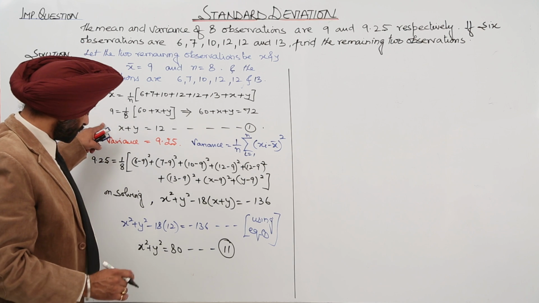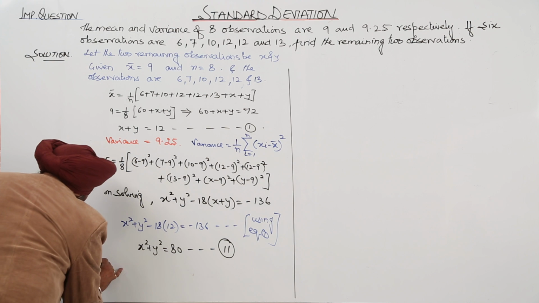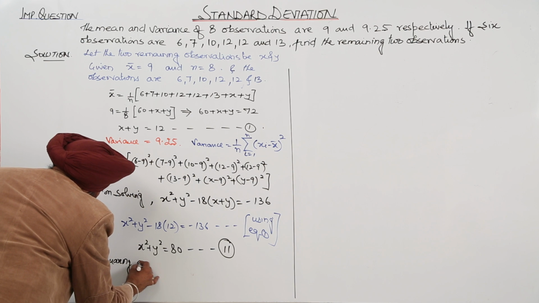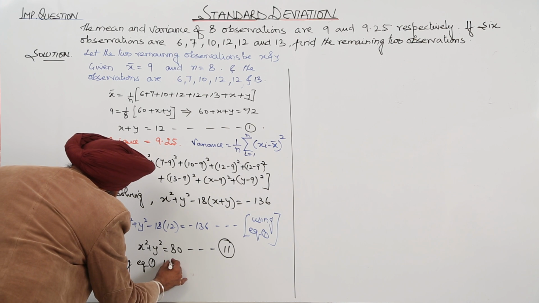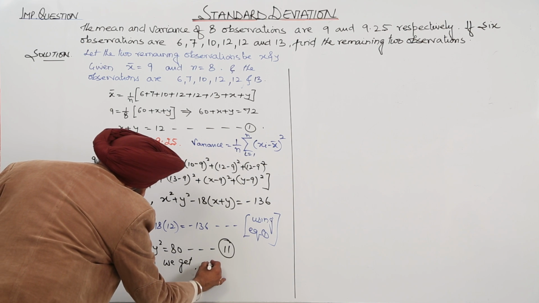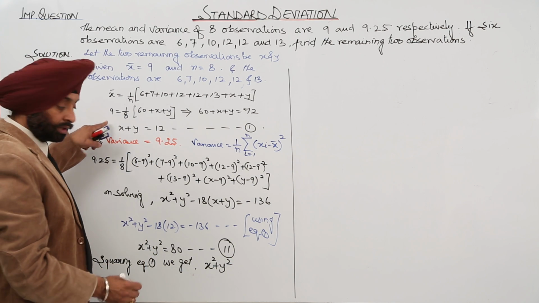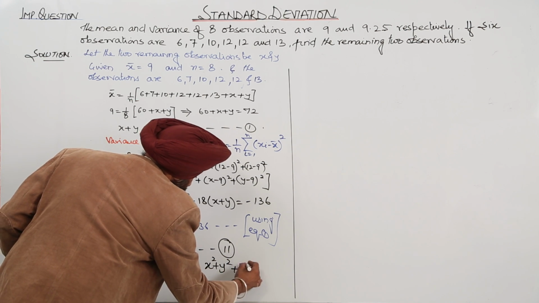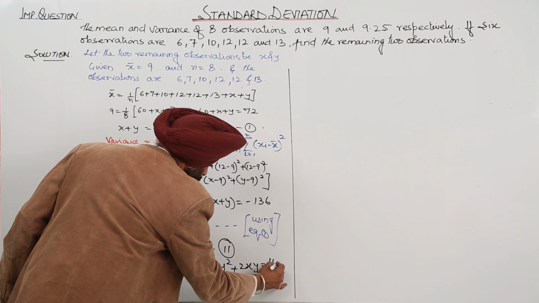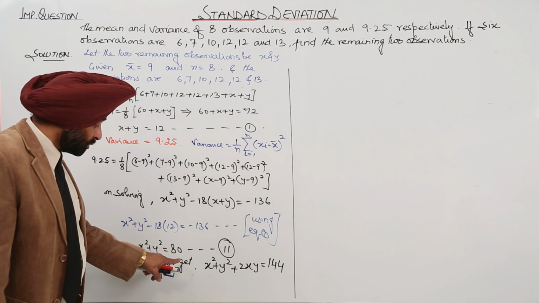Now we are having first equation this one, second equation this one. Now squaring equation 1, we get x square plus y square plus 2xy is equal to square of 12, that is 144. Now x square plus y square is equal to 80.